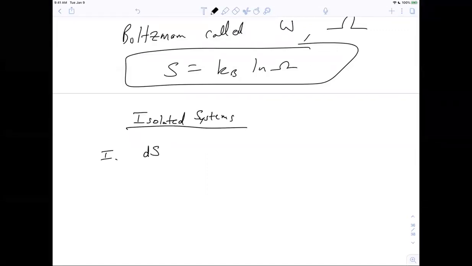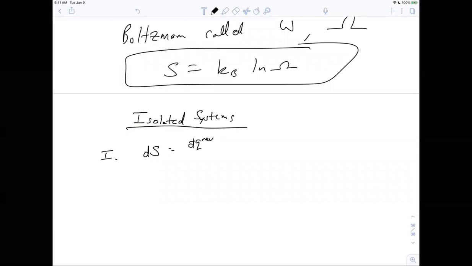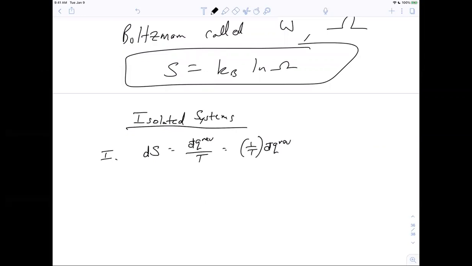So we saw that dS is equal to dQ reversible over T, which is really just 1 over T times dQ reversible, okay? And so this was the result we obtained from analysis of heat engines, namely the Carnot engine.